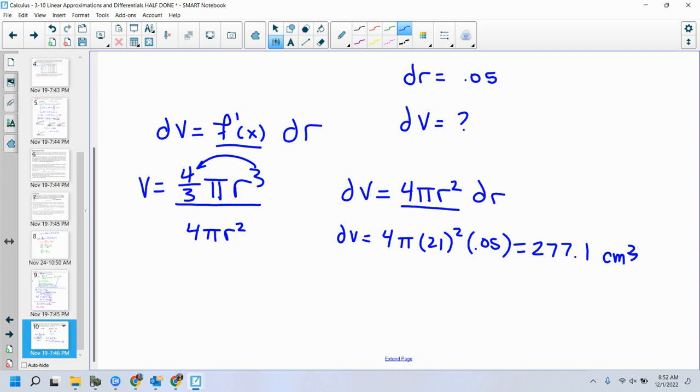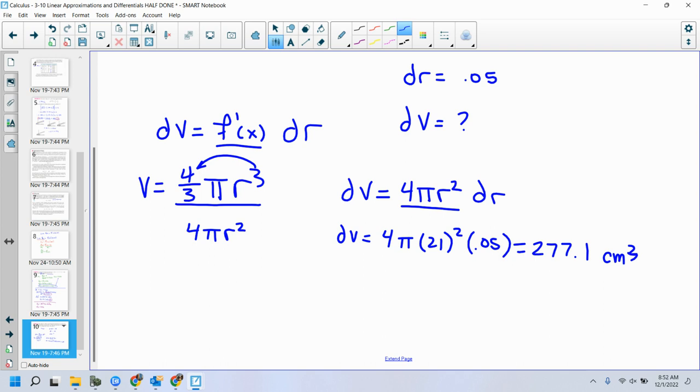So what is that saying? That's saying that if I have a possible error of my radius of 0.05, then my volume could err by 277.1 centimeters cubed. So if we want to make any decisions based on that, am I okay with that much error in my volume?